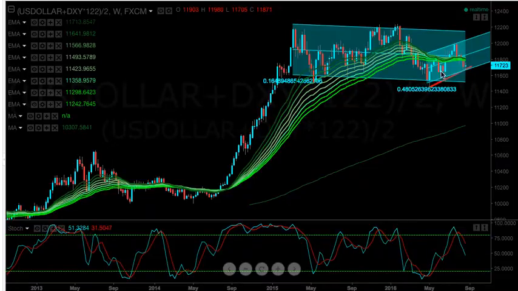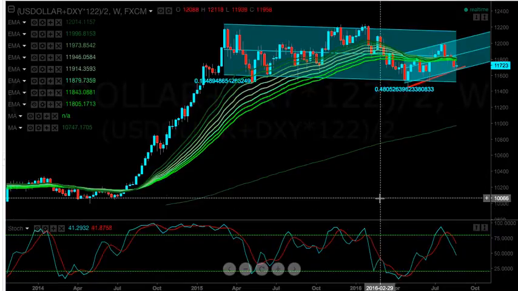Now this is the more intermediate term channel. All the price action from the lows of May, if you draw that channel, it picks up all the price action. It'll draw the mean, and then this is 2 standard deviations. If we zoom in, this is the dollar, by the way. This is not the dollar index.